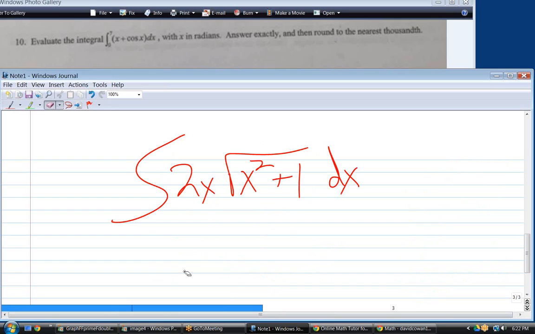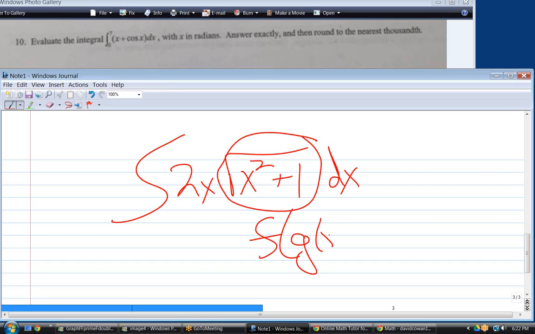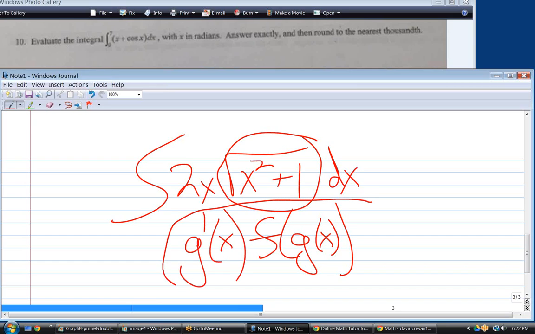What we need to be able to use the power rule on something like this is where this function is f of g of x, and this function is g prime of x. Whenever you see an f of g of x times g prime of x together, you know that it's going to be u substitution.